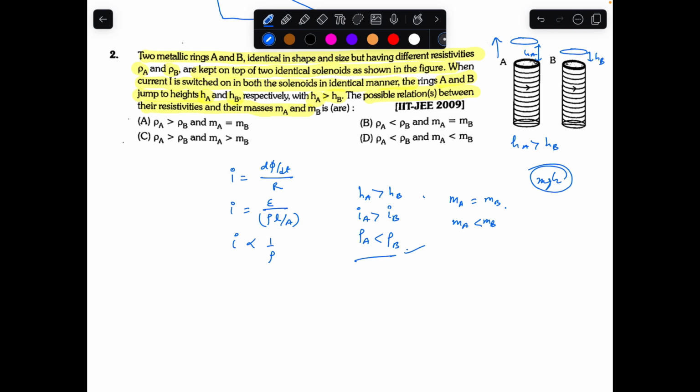That energy is coming from the energy of the induced current. Okay, so it can be equal or less, it should not be greater. So option B is correct, and D also can be correct. Both are fine. Okay.